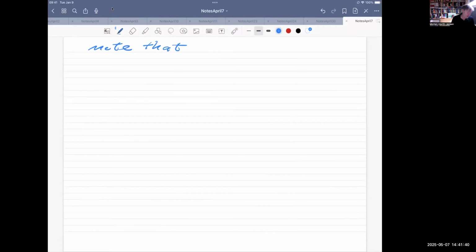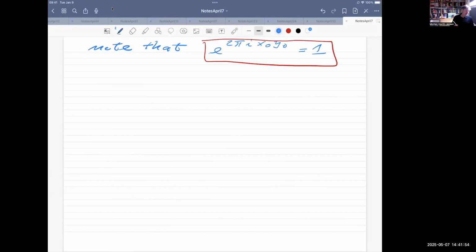So we have e of 2 pi i x0 y0 always equal to 1. So we can simplify the expression, so that we can write everything, now that we are breaking it down in terms of each individual qubit. We can now write the sums down as follows.